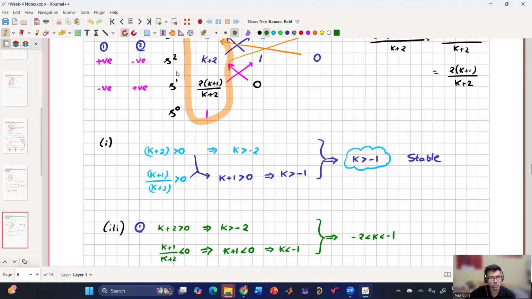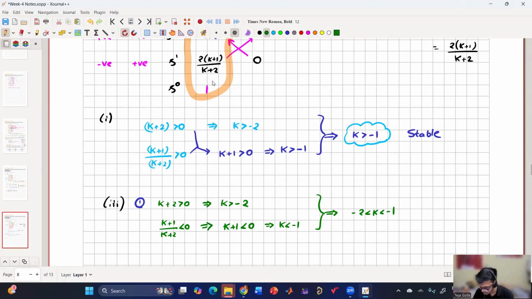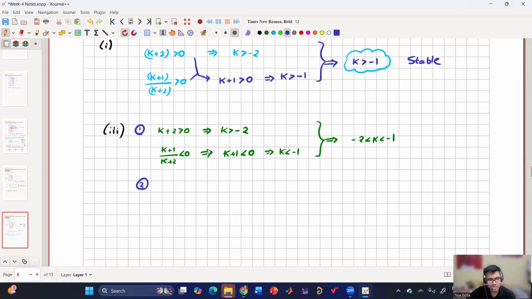Now for case 2, it will be opposite. So for case 2, K plus 2 is negative, and then K plus 1 by K plus 2 is positive. So K is less than minus 2.